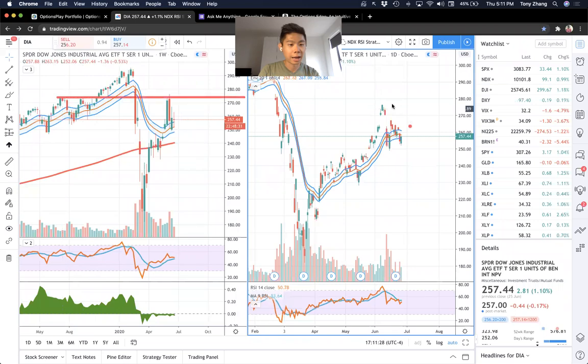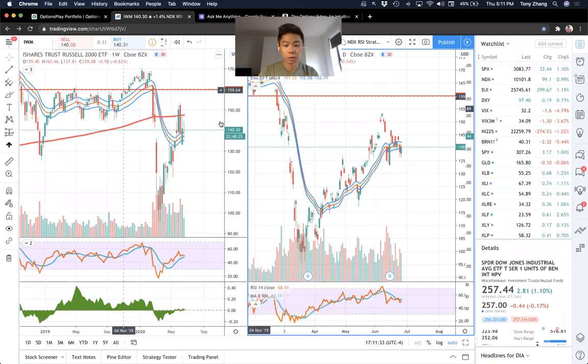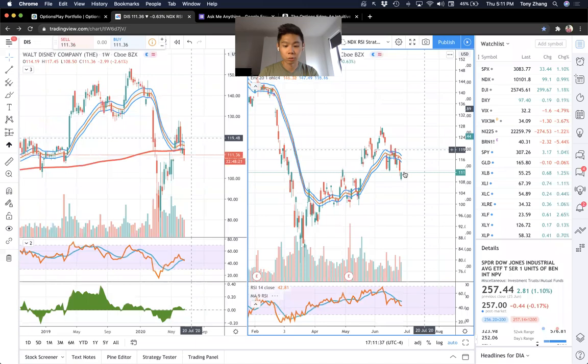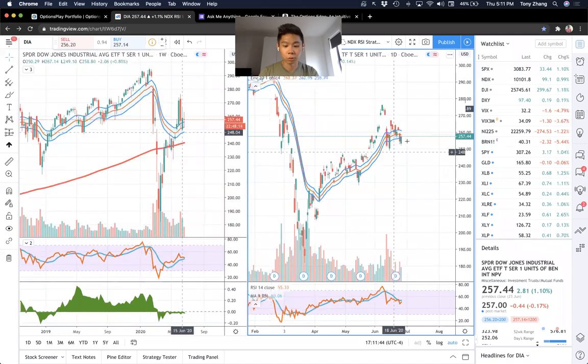It looks more like the small cap index from that perspective. If you look at small caps, relatively same thing, still below those levels. So Dow Jones Industrial looking very weak here. My preference is to stay away from DIA, stay away from the Dow indices, focus more on NASDAQ, focus more on S&P. Those are the ones that I would pay attention to.